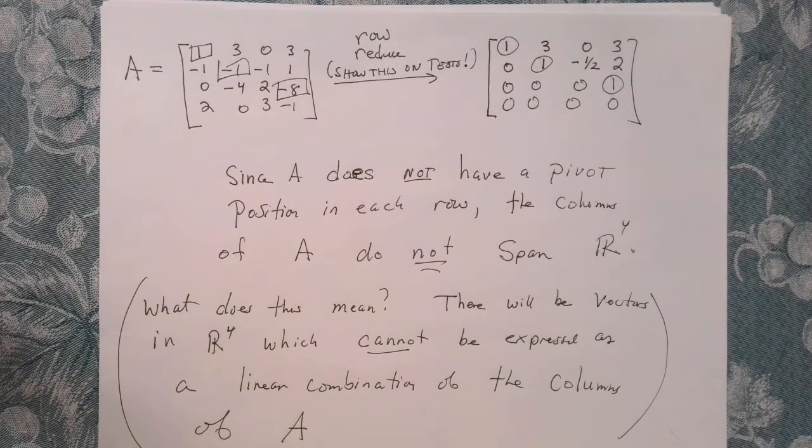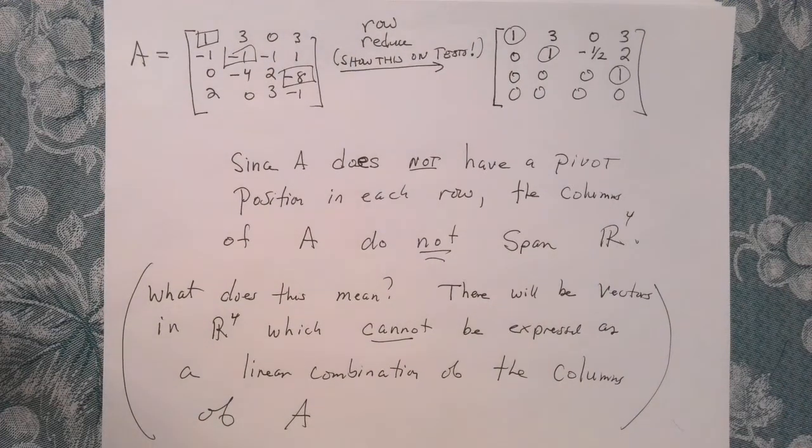But I don't have a pivot position in each row. Since I do not have a pivot position in each row, the columns of A do not span R^4. What does that mean? It means there are vectors in R^4 which can't be expressed as a linear combo of the columns. It's like vectors are left out of the party.